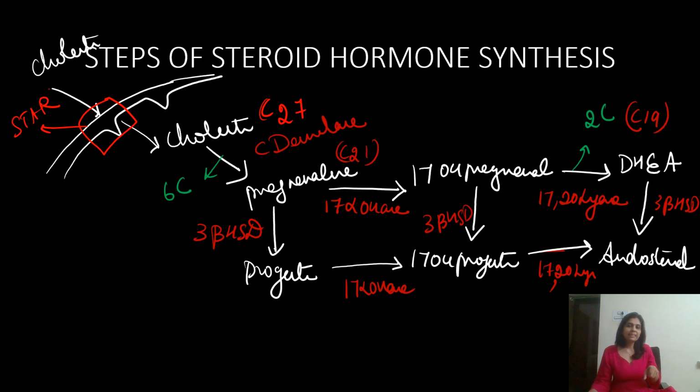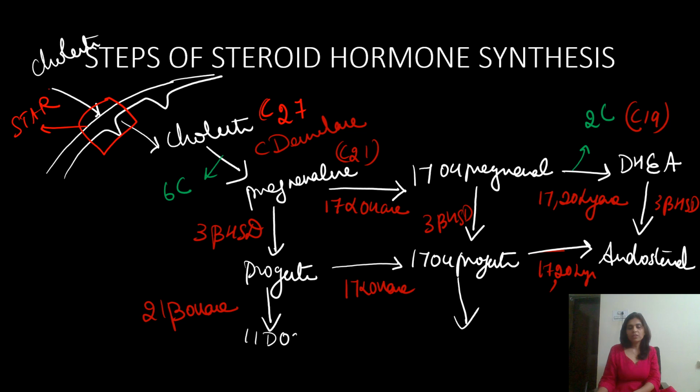So what is the next enzyme as far as glomerulosa and fasciculata are concerned? It is the famous 21-beta hydroxylase, which acts on progesterone and 17-hydroxyprogesterone, converting these two into 11-deoxycorticosterone and 11-deoxycortisol.